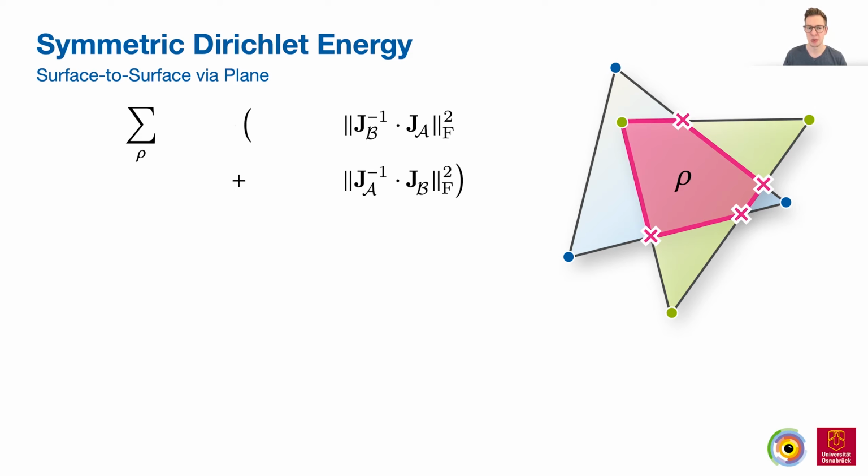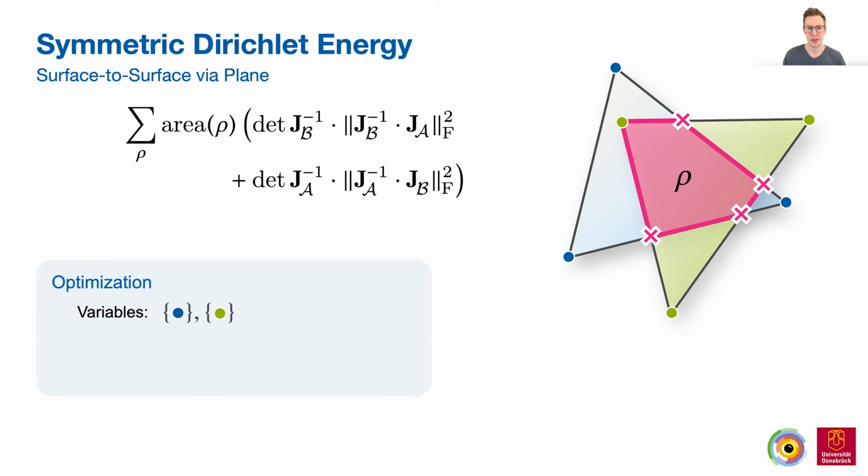And now this is a pointwise measure that needs to be multiplied by an area. So we compute the area of our polygon in the plane. But since we actually want to integrate over the input surfaces, we lift this area, once to mesh A and once to mesh B. And we can do this via these extra terms, again based on the map Jacobians. And this is already the distortion measure we're looking for.